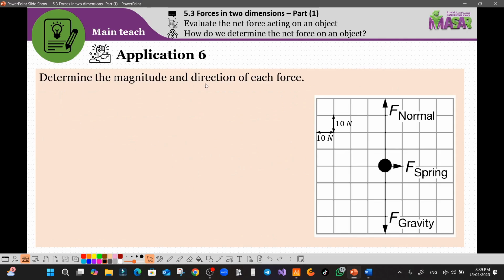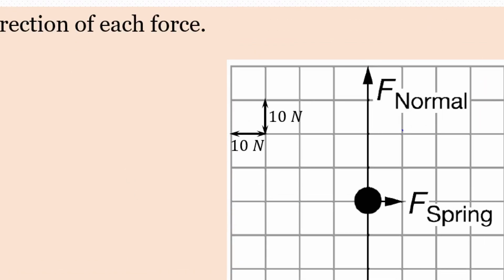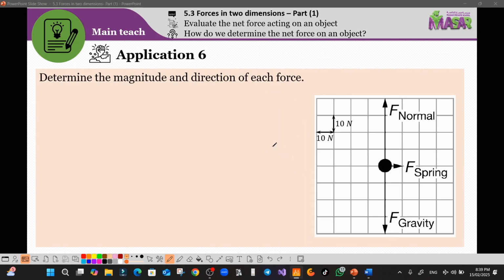Now determine the magnitude and direction for each of the forces. Now let's start with the first force. The first force is the normal. Now we can see here that the normal consists of 4 boxes, 1, 2, 3, 4. The length of the arrow is 4 boxes.